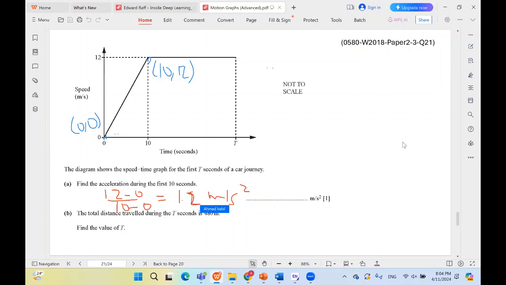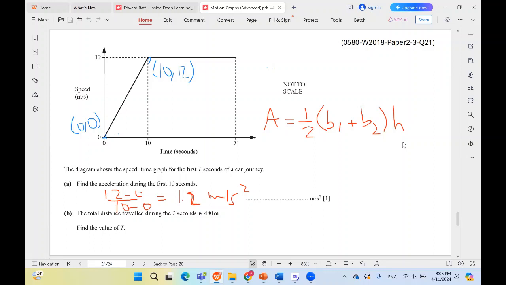In B, we are told the total distance traveled during the t seconds is 480 meters. Find the value of t. Like we said before, the total distance is the area. So area is half times b1 plus b2 times the height. Now, b1 here is unknown.